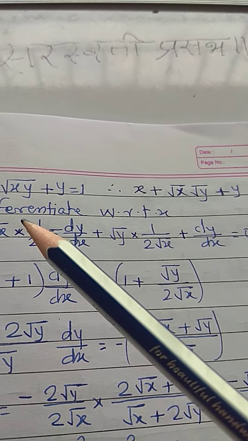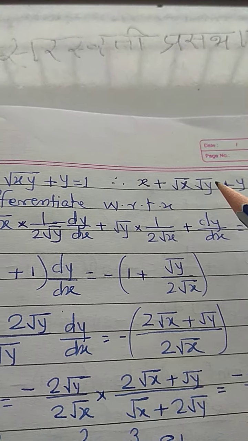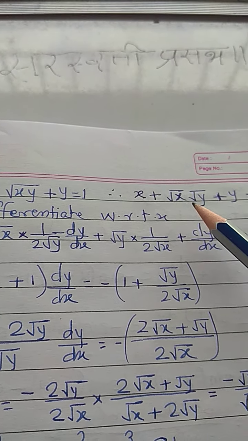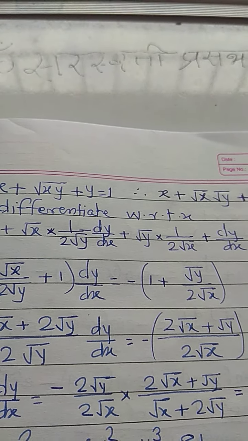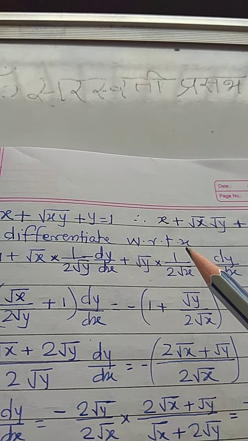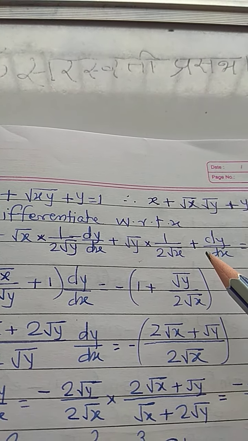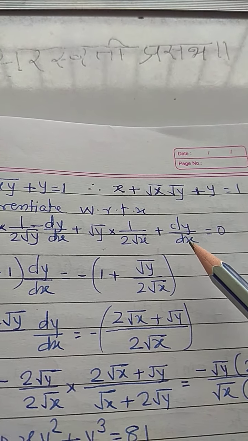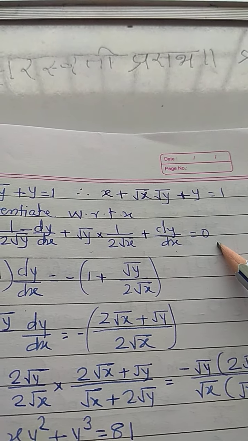First function root x as it is, the derivative of second function root y is 1 upon 2 root y into the derivative of y, which is dy by dx. Plus this root y as it is, the derivative of root x is 1 upon 2 root x. Now the derivative of y is dy by dx, and that is equal to 0.